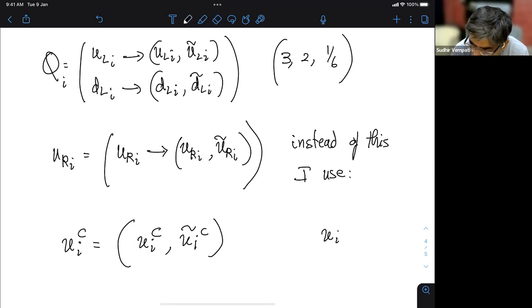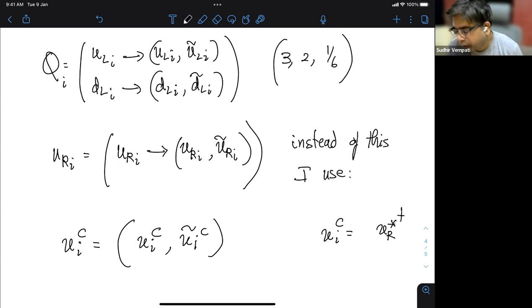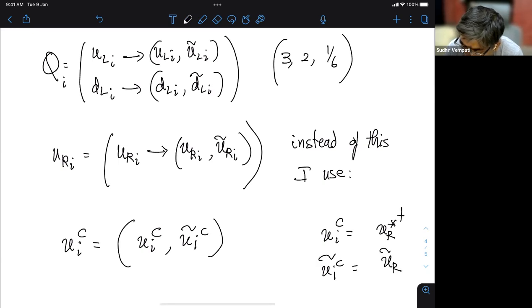Now U_i^c is equal to U_R bar, which is nothing but U_R star with the gamma 0 and everything, and U_Ri^c tilde is equal to U_R tilde star.